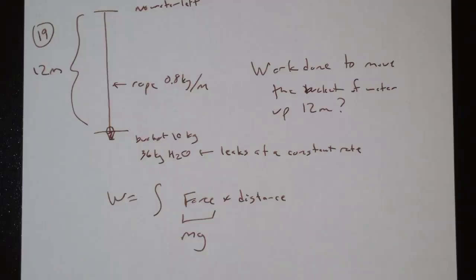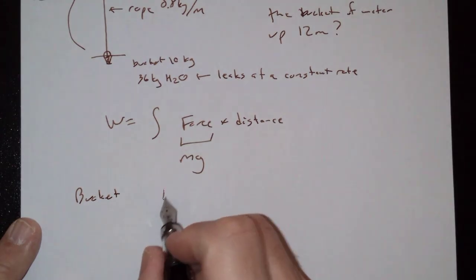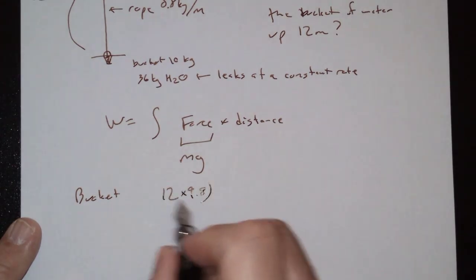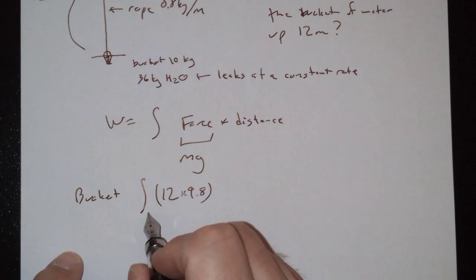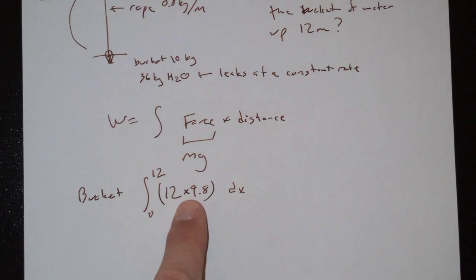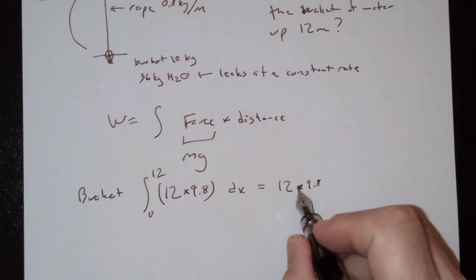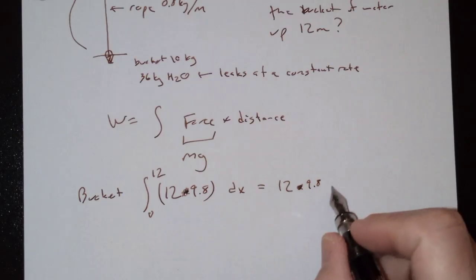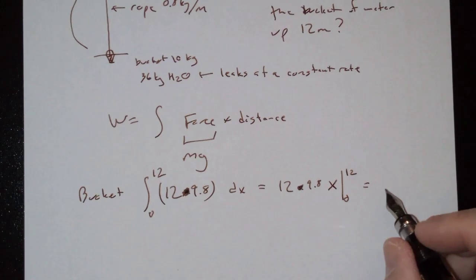So for the bucket, the force is mass times gravity. And I'm going to go the entire 12 meters. Now I could actually do this just as straight multiplication, right? Because this is a constant. Let me use a dot for multiplication instead of this little times symbol. So that's going to be 144 times 9.8.